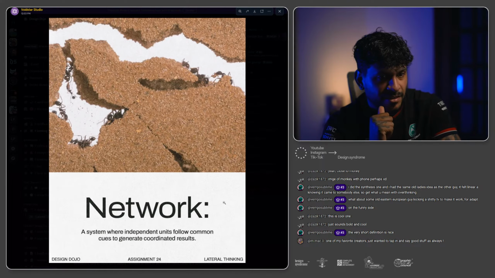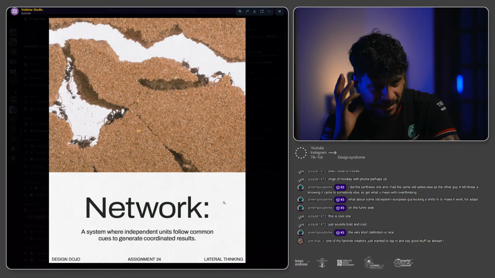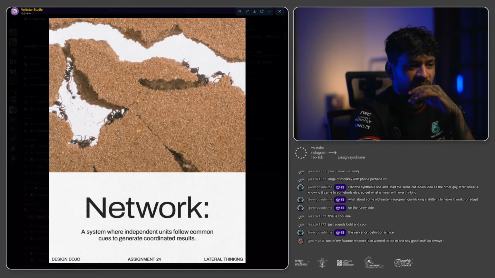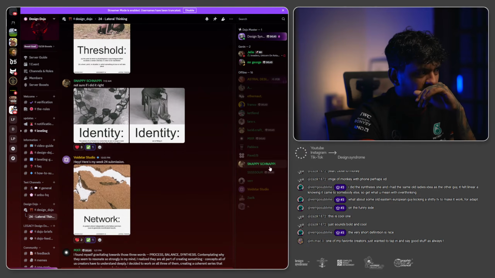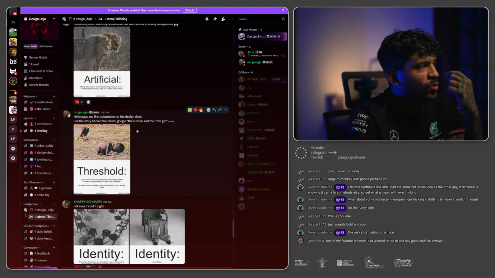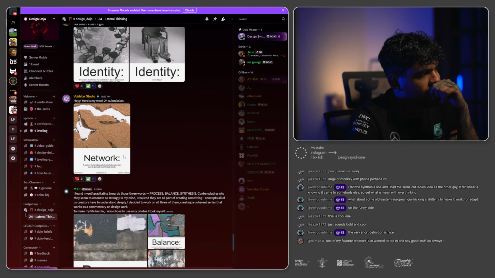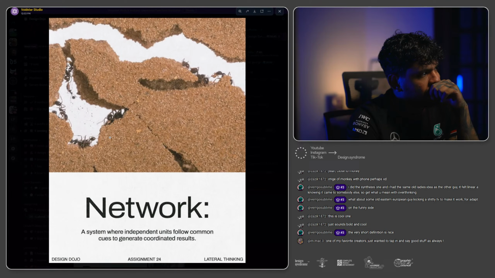It's a tough exercise. I'm getting mush-headed thinking about this, because usually you need to stick to one word and you give it. "A system where independent units follow common cues to generate coordinated results."